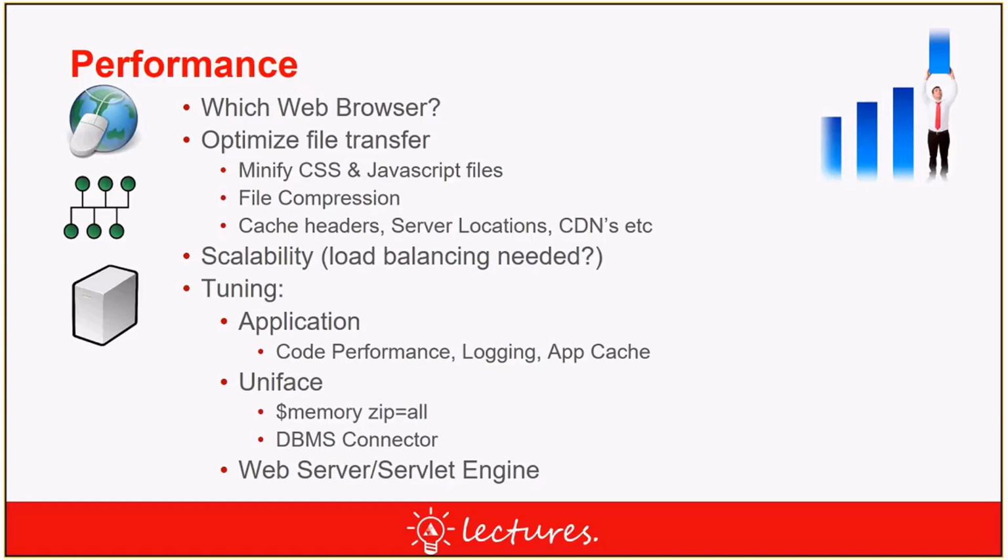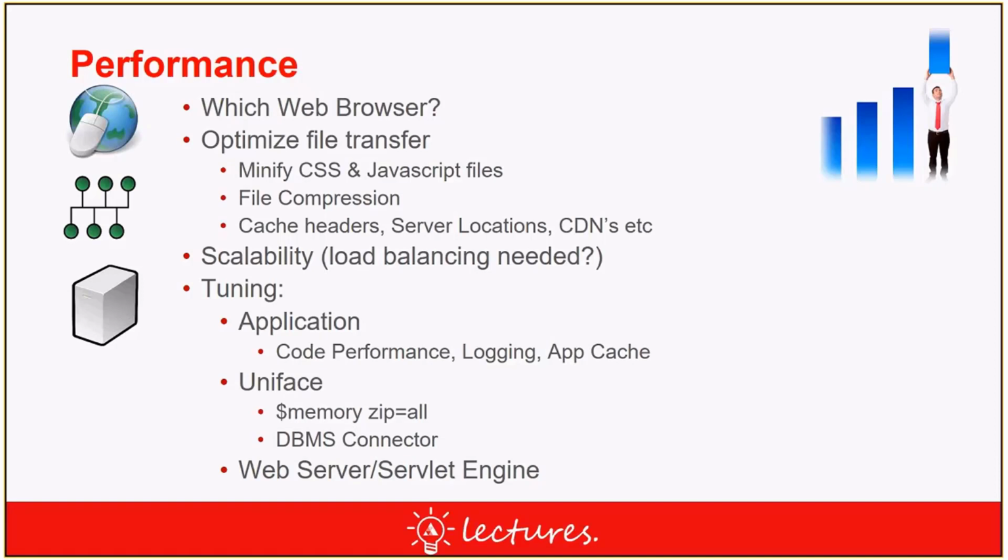Obviously tune your application, turn off any logging, check your code performance. You can do various tricks to improve performance in your application, like let's say you've got a drop-down list of fairly static data. Some people integrate an app cache. I think there's an example on Uniface Info created by Eddie Knox, which talks about using Couchbase.